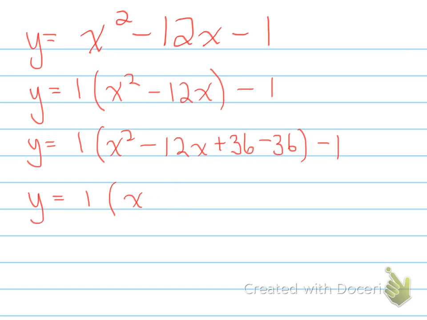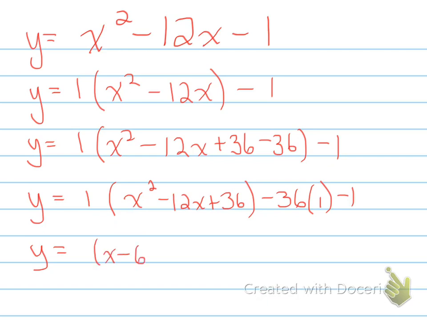Let's take a step back. x squared minus 12x plus 36. Minus 36 leaves the party. Give back the jacket and minus 1. So our next line is going to be this factored to give you x minus 6 all squared, and then minus 36 minus 1 is minus 37.